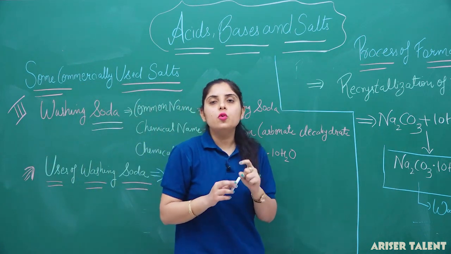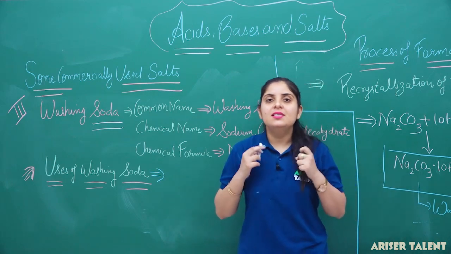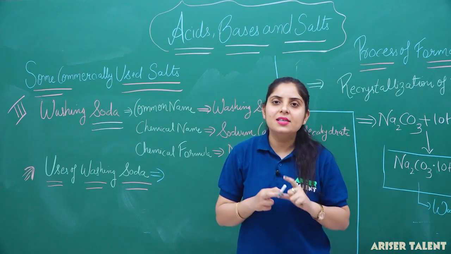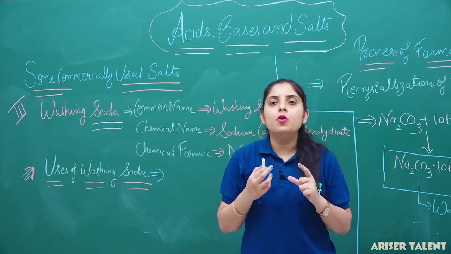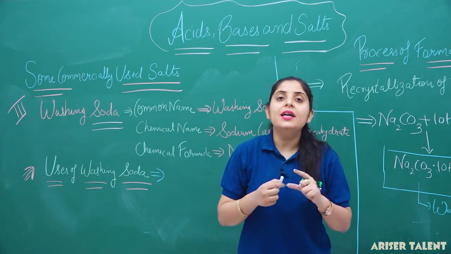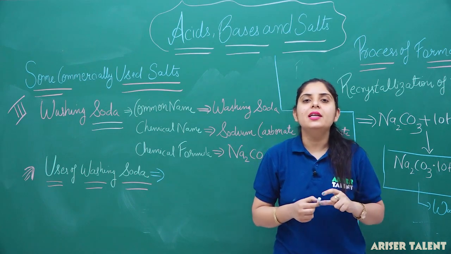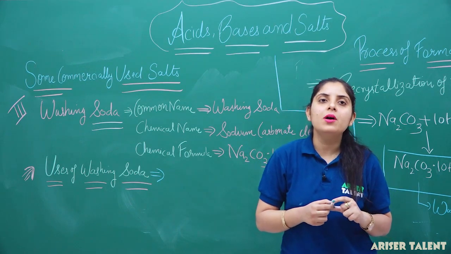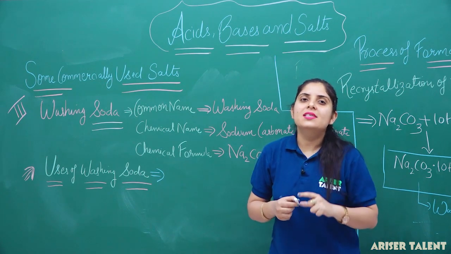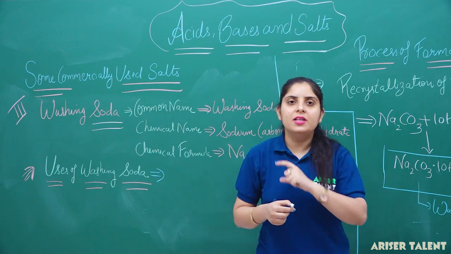Firstly, washing soda is used in soap, paper and pulp industry. Secondly, it is used in the glass industry. It is used in the domestic purpose for cleaning different types of objects in our daily life. It is used for removing the hardness of the water. Lastly, it is used in the preparation of borax. Borax is a type of glass, that is Na2B4O7 dot certain H2O.